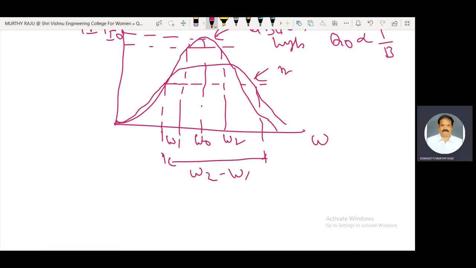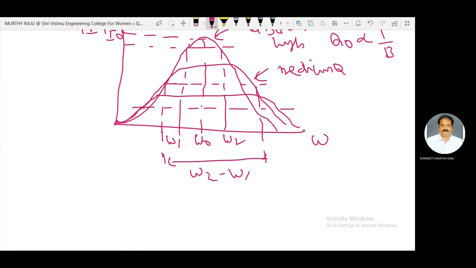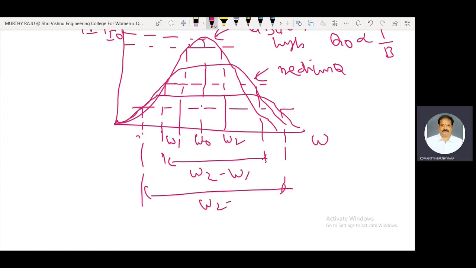This is the medium Q. Coming to the next one, the bandwidth is even more, again omega 2 minus omega 1.